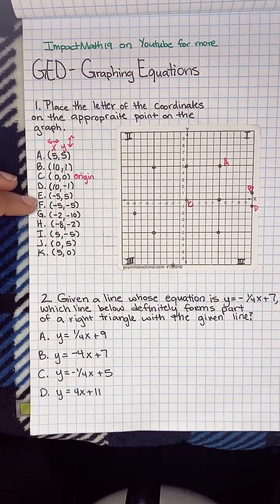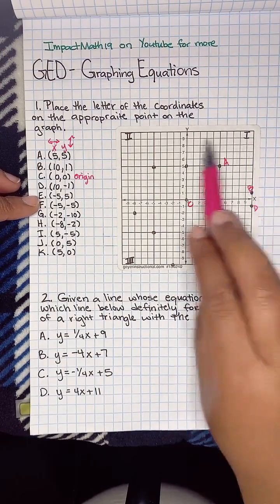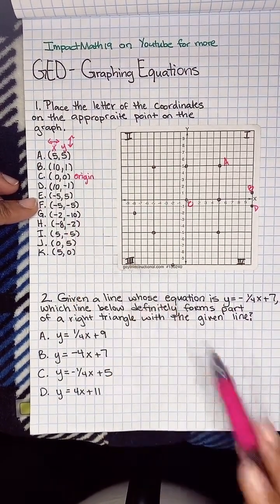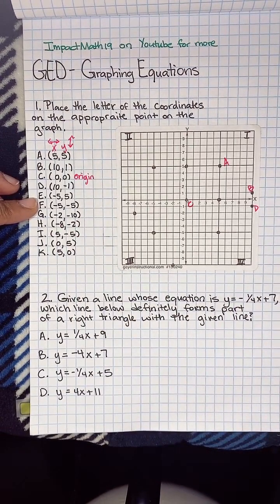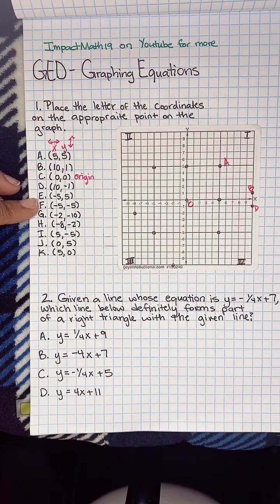Can you guys put in the chat what quadrant E is in? Is it 1, 2, 3, or 4? Where am I plotting E? Aaron said 2.